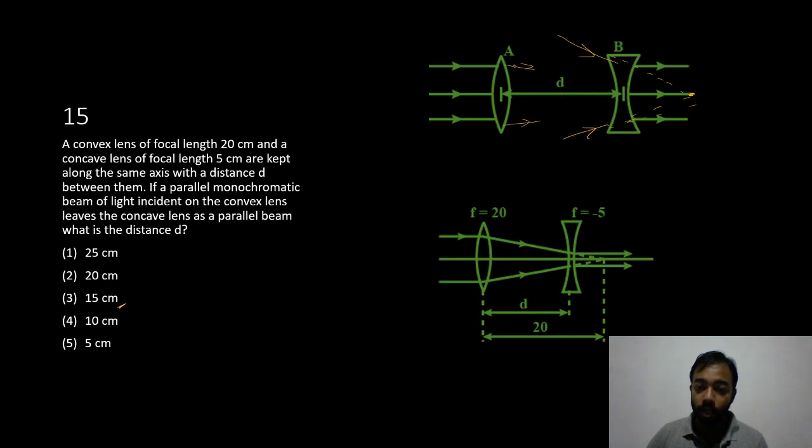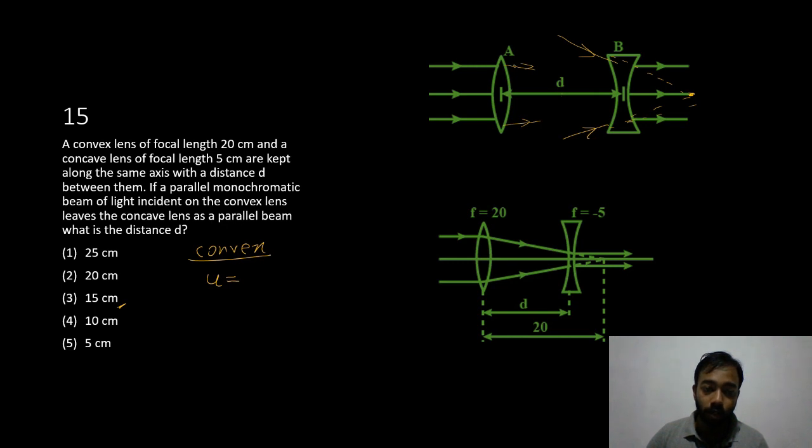For that you need to apply the lens formula to both the lenses. If you consider the convex lens, here the object distance u is infinity, since the object should be placed at infinity in order to get parallel rays like this.